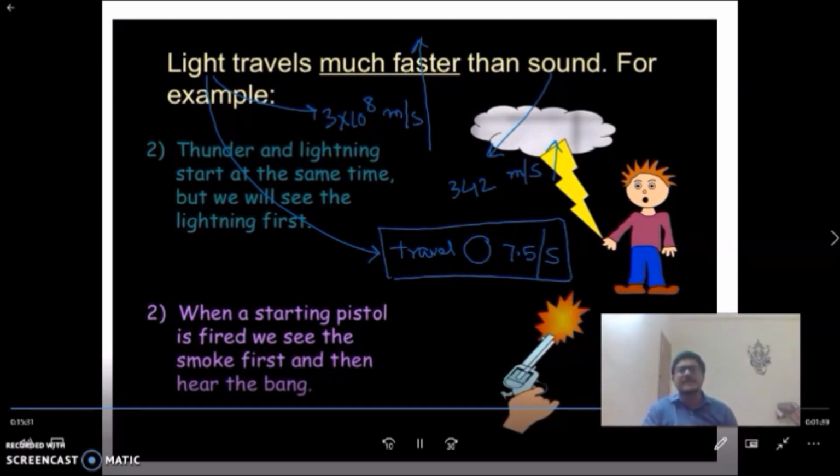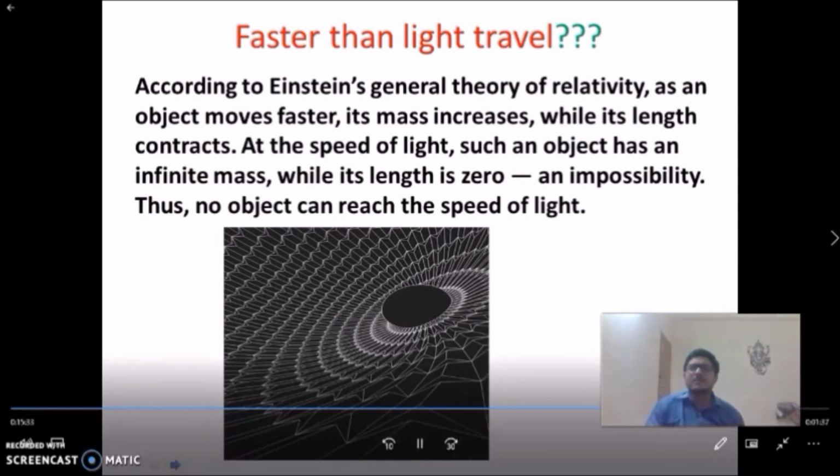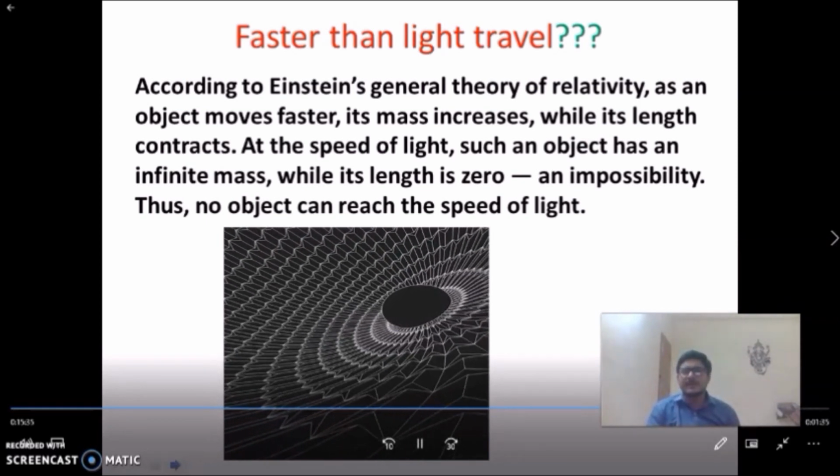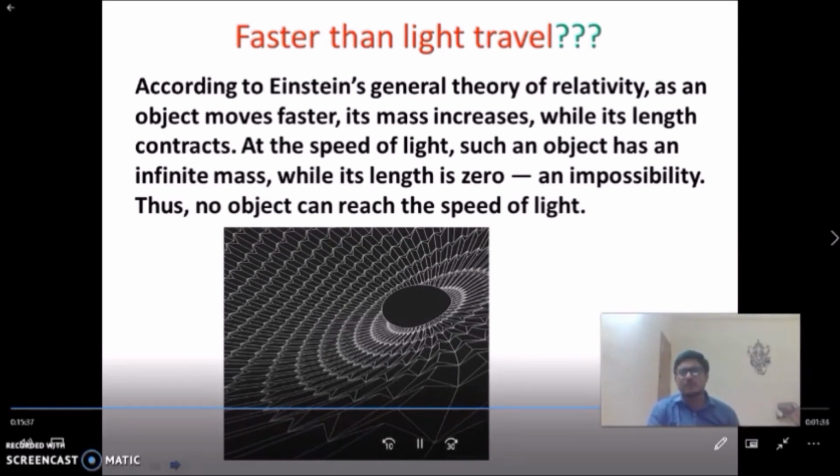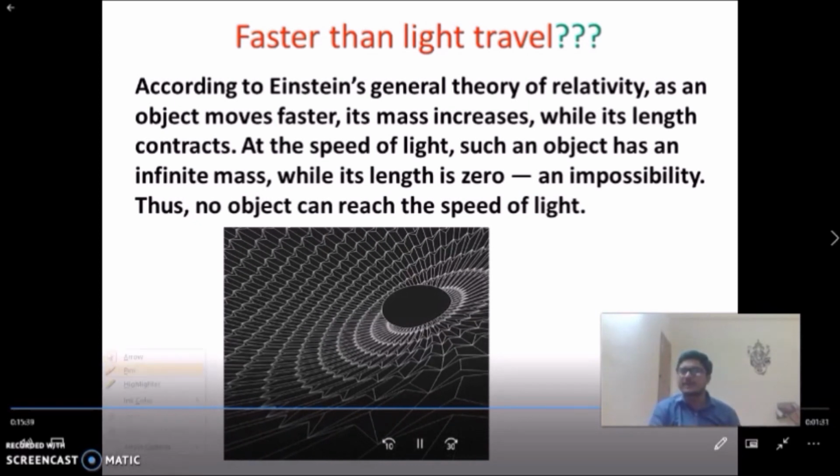So it's really large. Sometimes a question comes to our brain: can anything move with the velocity of light or more than this? No. Let's try to understand it. Let us consider a human being having mass m and length L. Now he is moving with some velocity v. Slowly he is increasing his velocity. Then what happens?